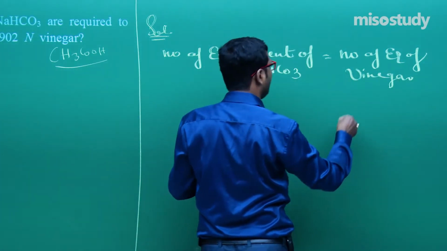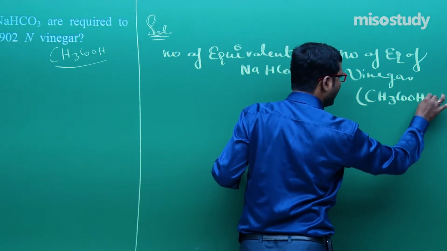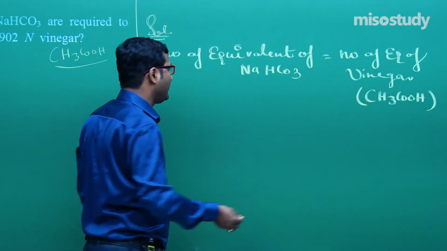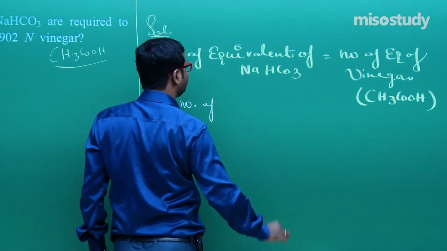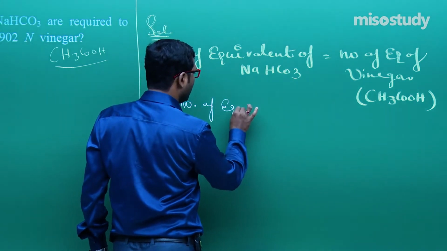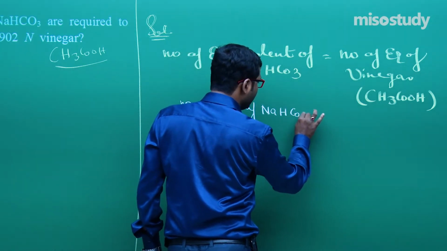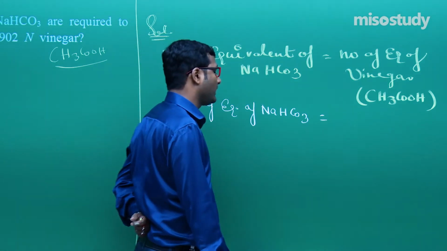We know that it is CH3COOH. Now the number of equivalents of NaHCO3 will be equal to the number of equivalents of vinegar. What do you mean by number of equivalents?